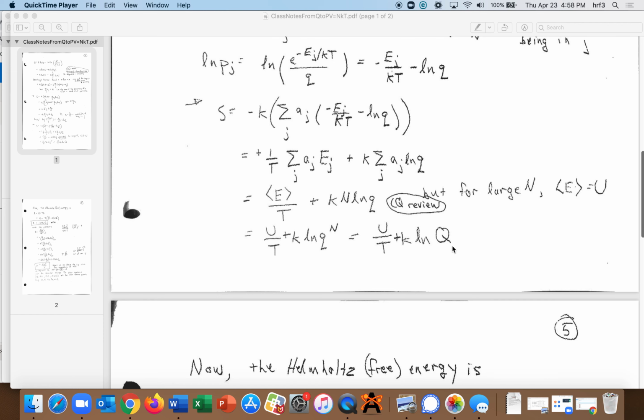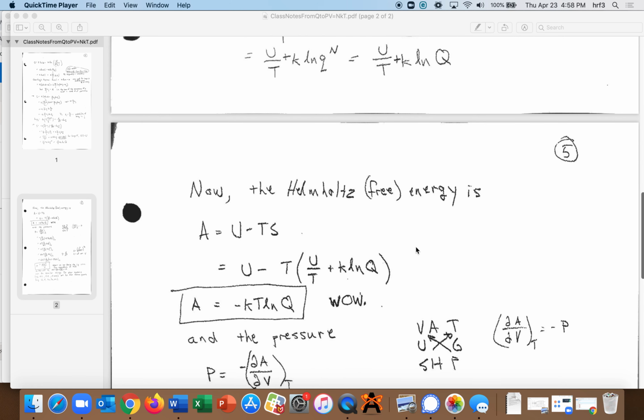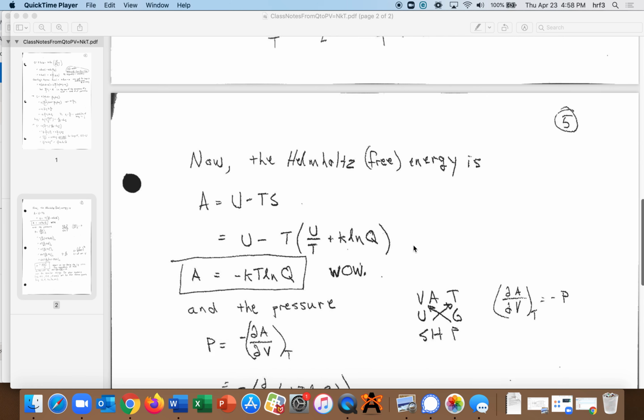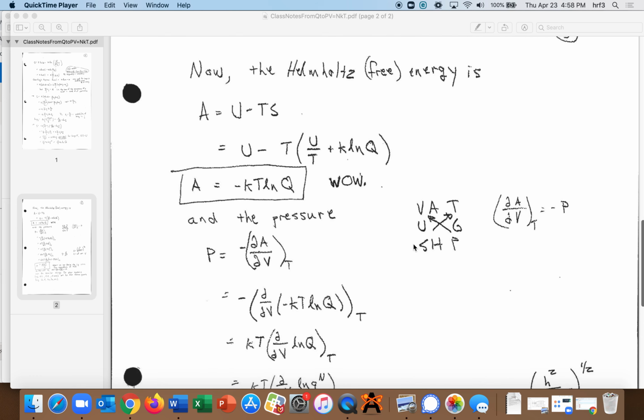Okay, why am I doing all of this? Let's continue. So the Helmholtz free energy, which is one of the 4 free energies that are introduced in Chem 317, and it's probably the one that's least talked about, but this is the one that's most important for statistical mechanics. So by definition, the Helmholtz free energy is the internal energy minus temperature times entropy.